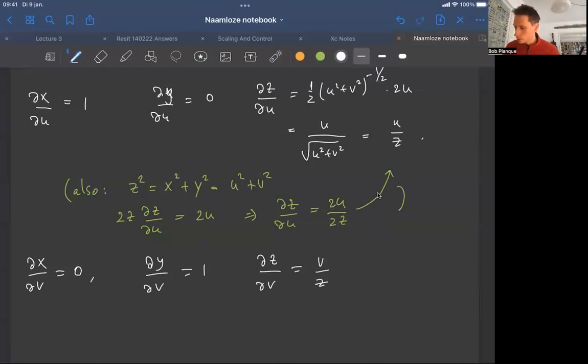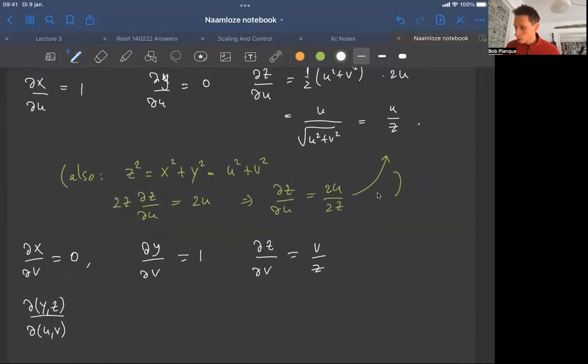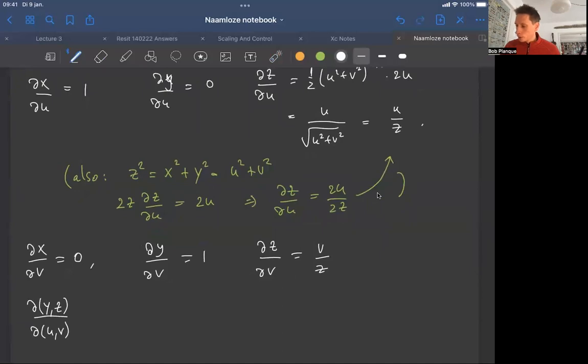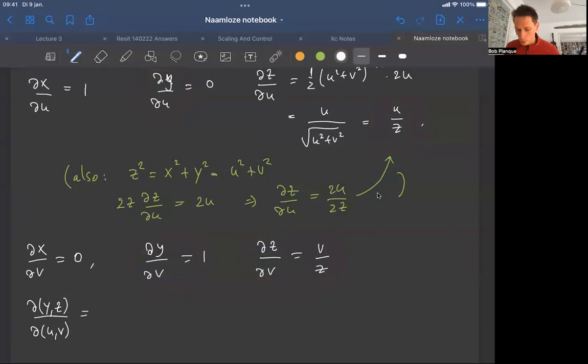So with these partial derivatives, we can compute the determinant of y, z with respect to u, v, which means that I take this one times that one minus this one times that one, right? I wrote them in this kind of 2x3 matrix, not for nothing, so that I can see these subdeterminants straight away.